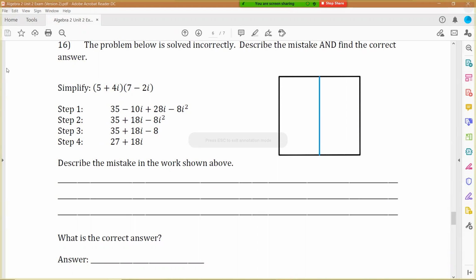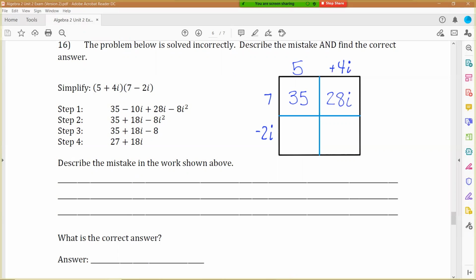So we're going to box these two together. 5 plus 4i and 7 minus 2i. Then just fill out your corresponding boxes. So first box, 7 times 5 is 35. 7 times 4i is 28i.